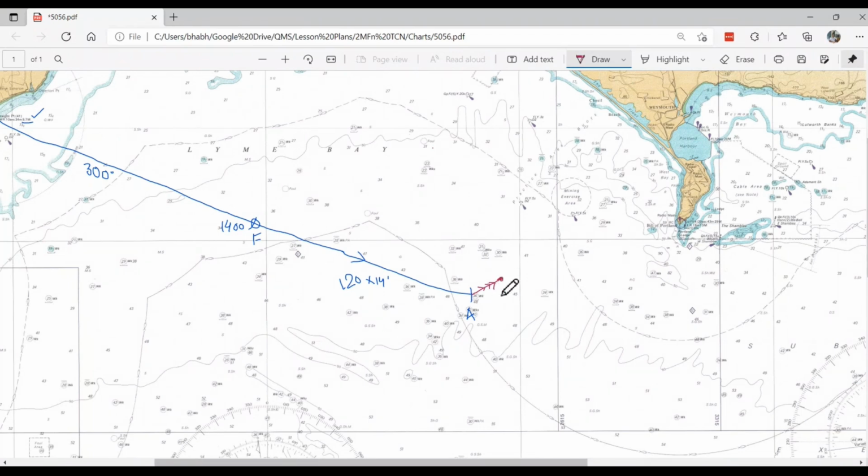Let's call this as B. Now what I do is I join F to B. So what is this F to B beta? CMG. Very good. So CMG आ गया. Now I extend my CMG. ये मैंने extend कर दिया है.